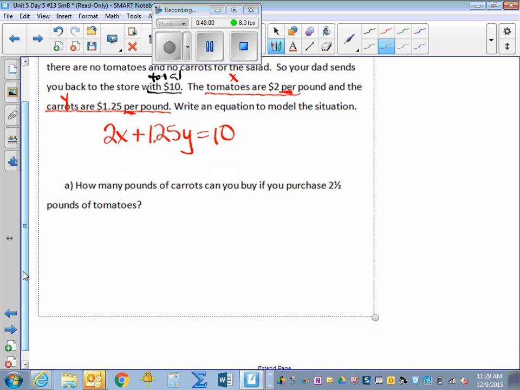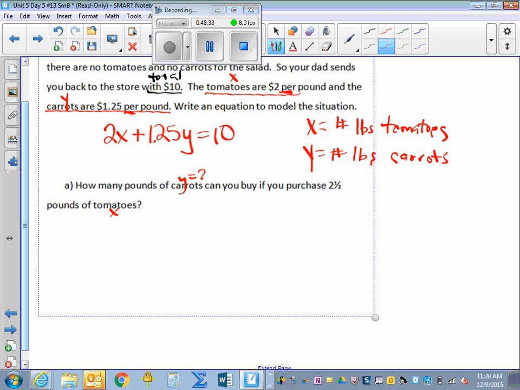Okay, so letter A. How many pounds of carrots can you buy if you purchase 2.5 pounds of tomatoes? Tomatoes are X, carrots are Y. Again, we should define that over here. X is the number of pounds of tomatoes, and Y is the number of pounds of carrots.